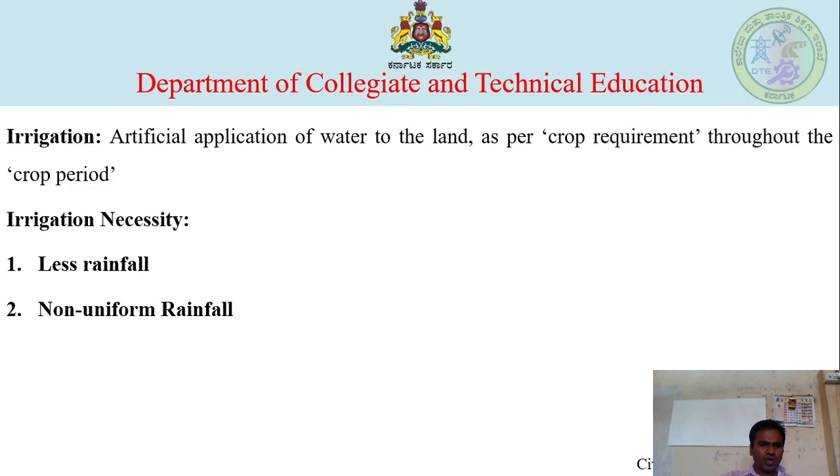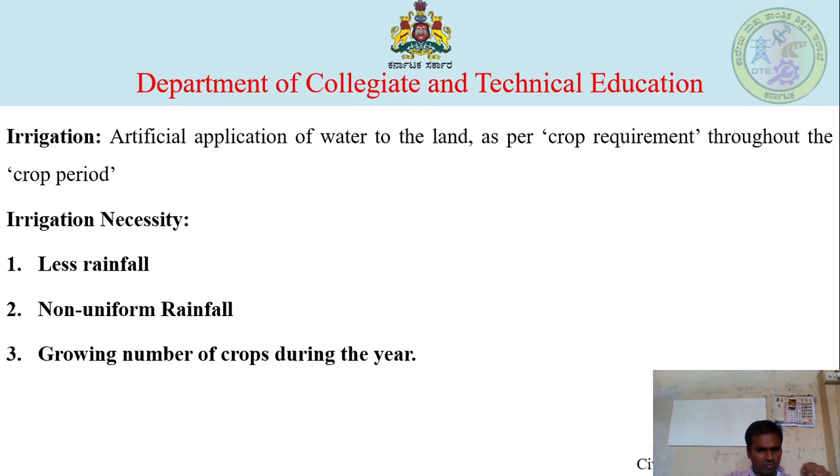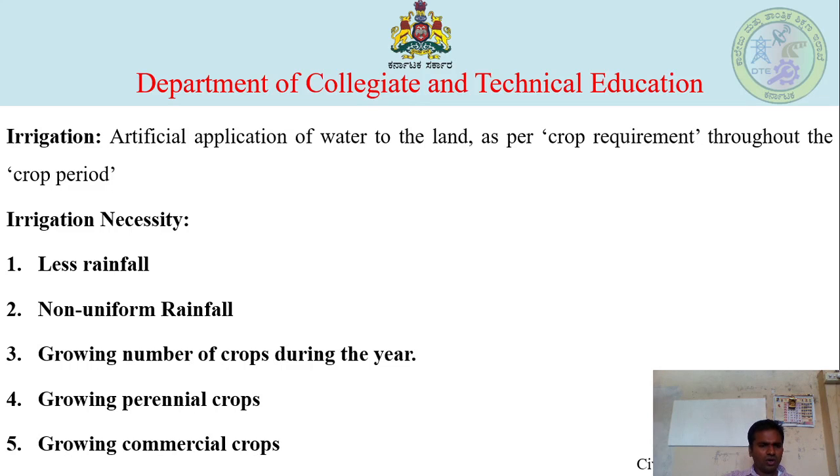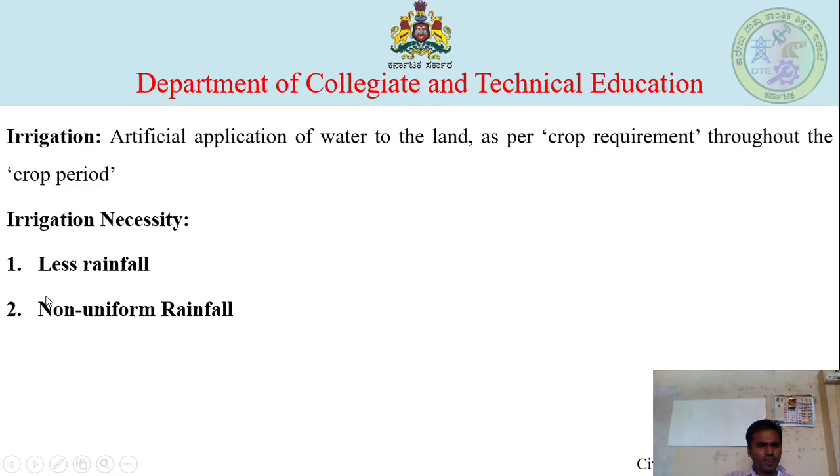Next, non-uniform rainfall. Next, growing number of crops during the year, growing perennial crops, growing commercial crops. First we'll see less rainfall.